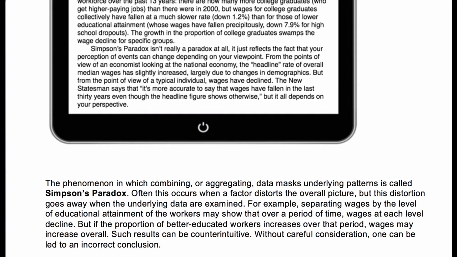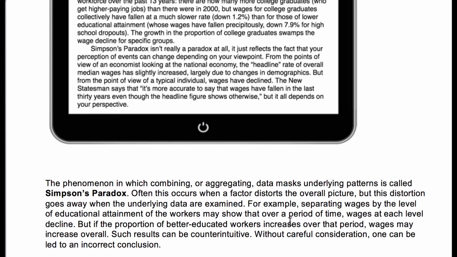The phenomenon in which combining or aggregating data masks underlying patterns is called Simpson's paradox. Often this occurs when a factor distorts the overall picture, but this distortion goes away when the underlying data are examined.